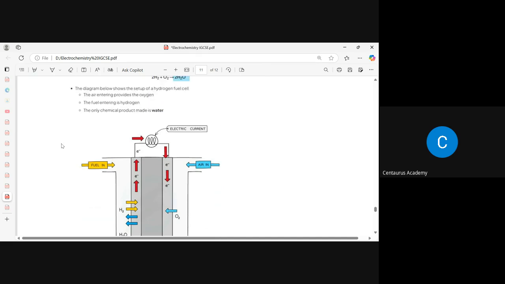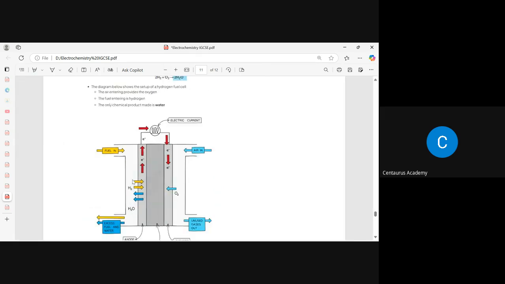If you look at this diagram here, the air is blown into one side, and the fuel, which is the hydrogen, comes in from the other side. Air comes in from this inlet, and this produces oxide ions. These oxide ions and the hydrogen ions then react together to produce water as a result.